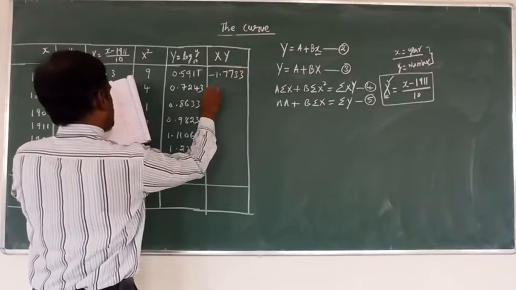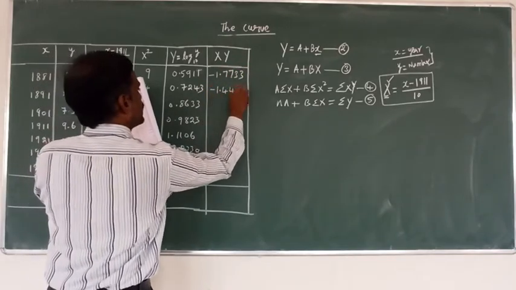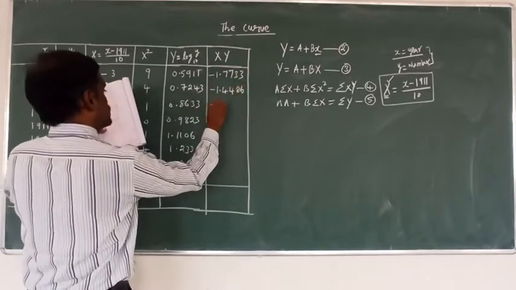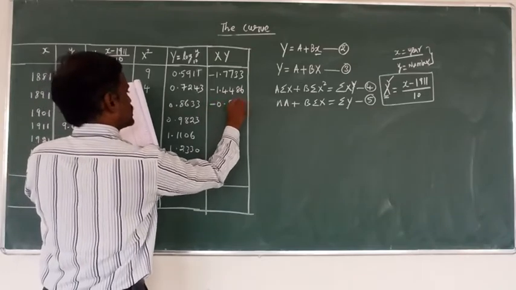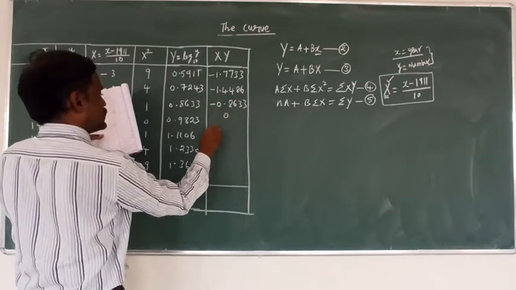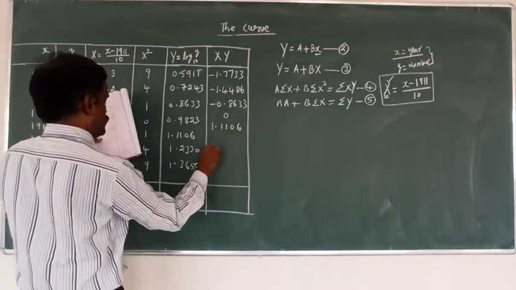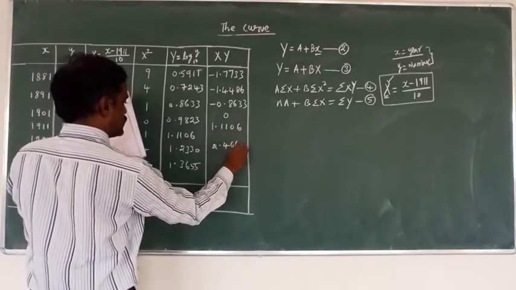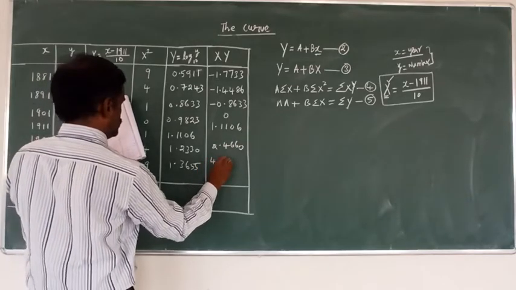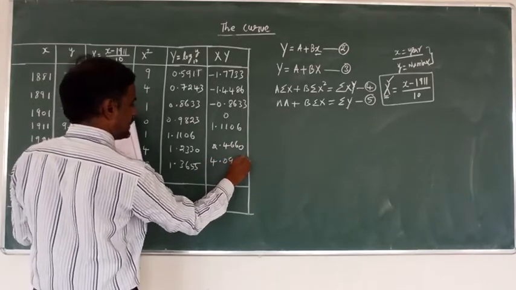Next, to multiply capital X and capital Y, these two, now the results are minus 1.7733 and minus 1.4486, minus 0.8633, and this is for 0, 1.1106, 2.4660 and 4.0965.